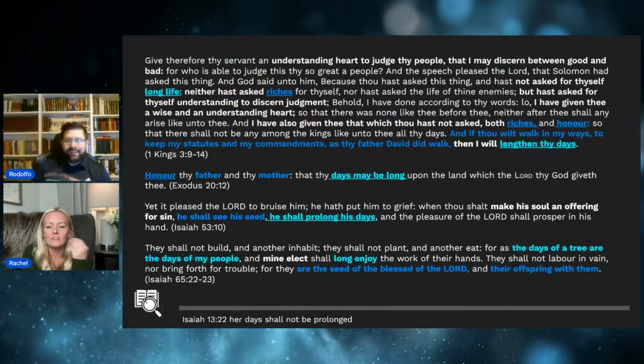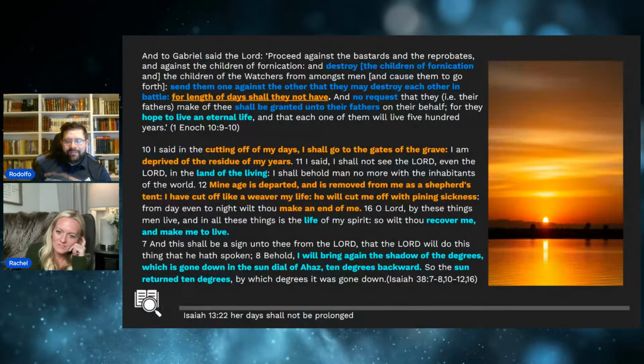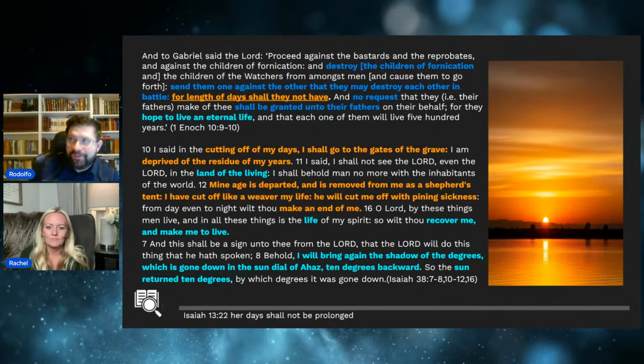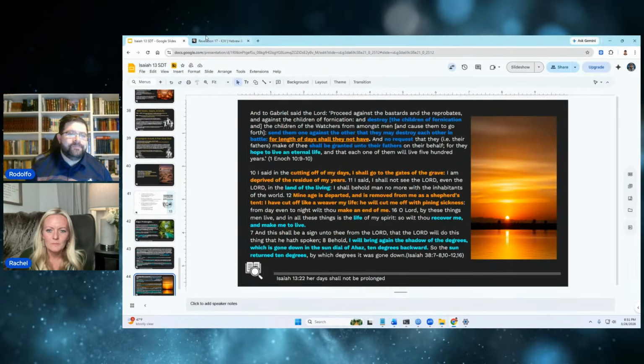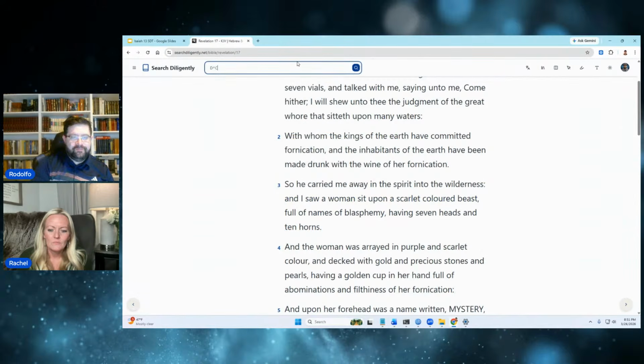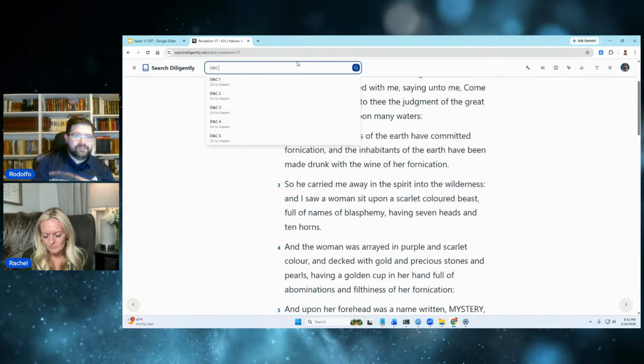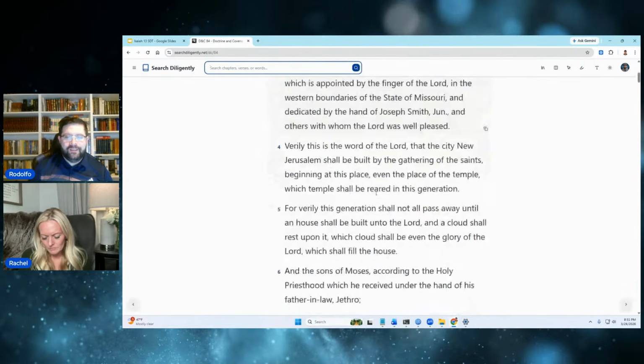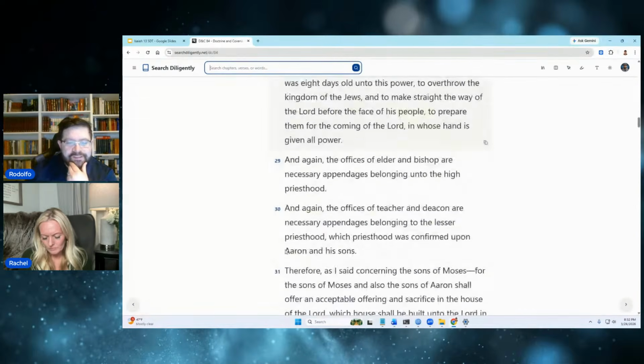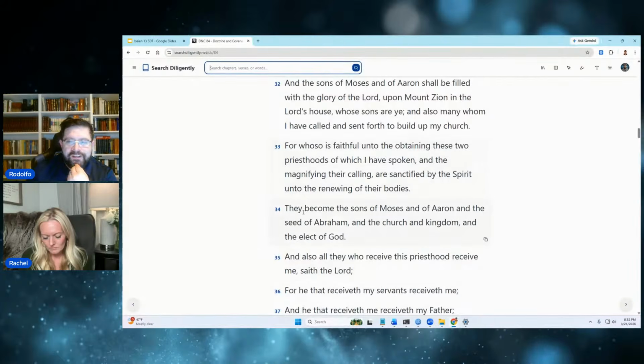It's way too fun to slow down and go through all the things. And if you look at section 84, verse 34, there is a connection here, right? We can read it. Sure, just pull it up. I think it's 33, 34.